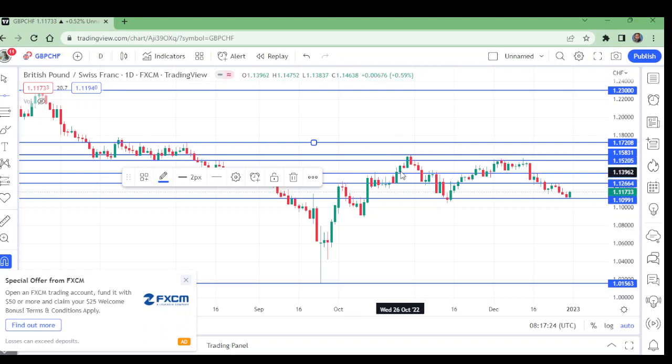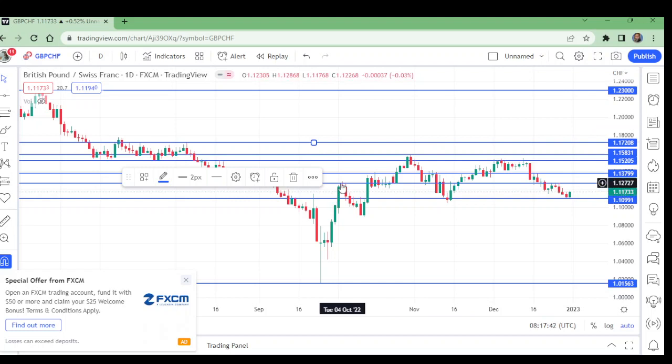So what I am expecting from this market now, this pair, is that it will go for this high at least, or even this high, then will come to retest for some low.